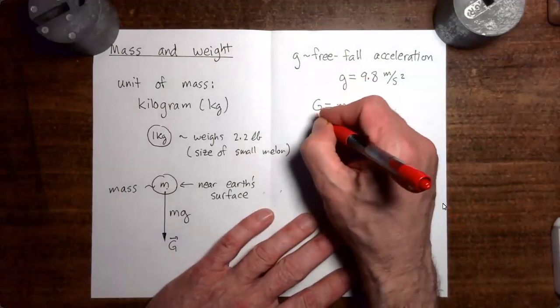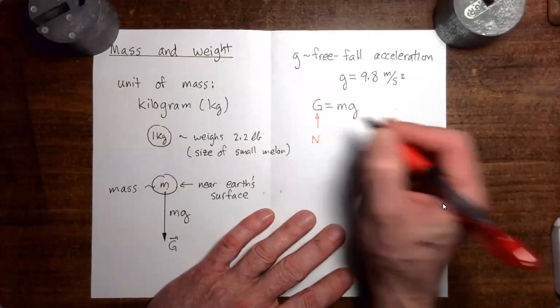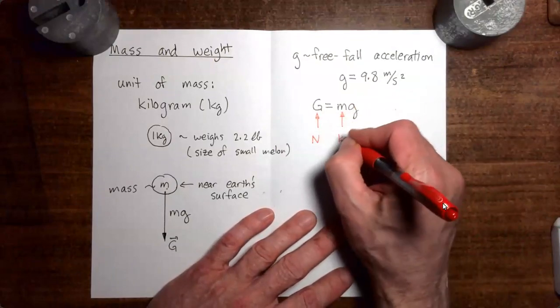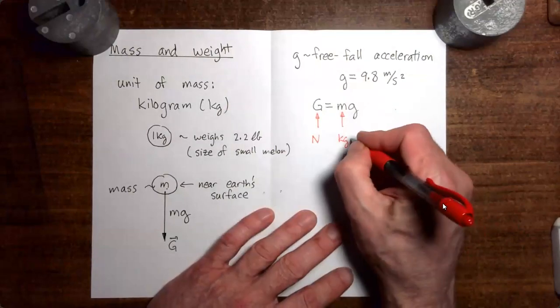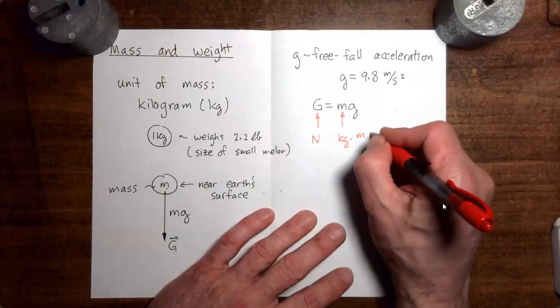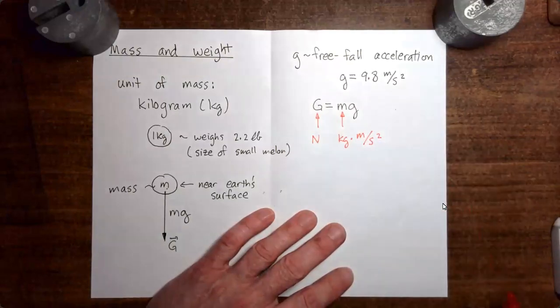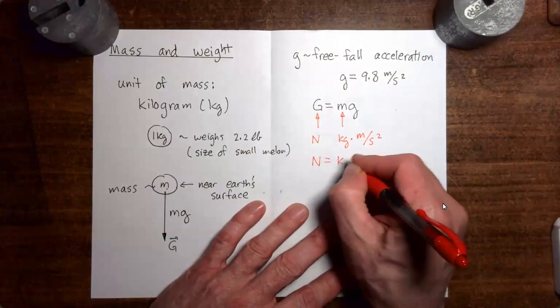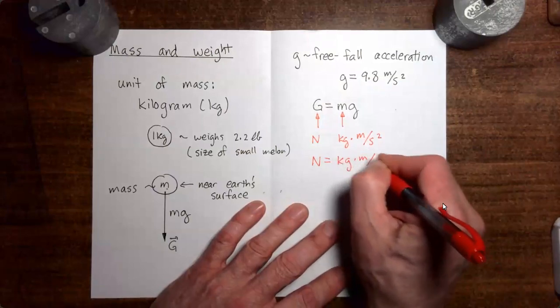The unit of the gravitational force is Newton, because it's a force. The unit of mass is kilograms, as I just mentioned. And the unit of the free fall acceleration is meters per second squared. So this tells us that a Newton is equal to a kilogram times meters per second squared.